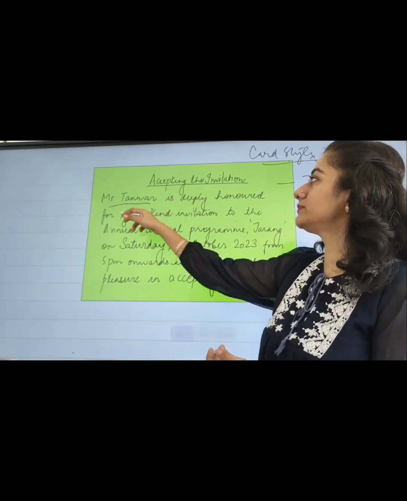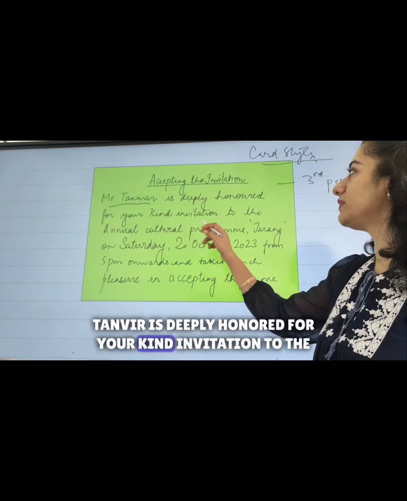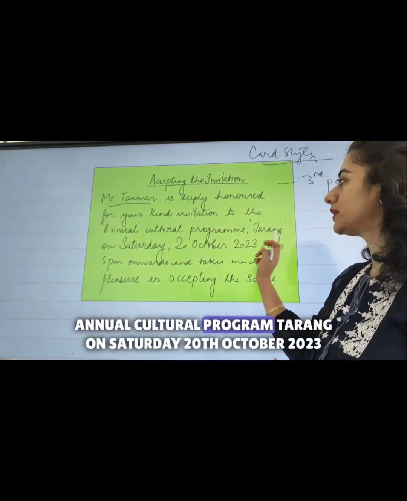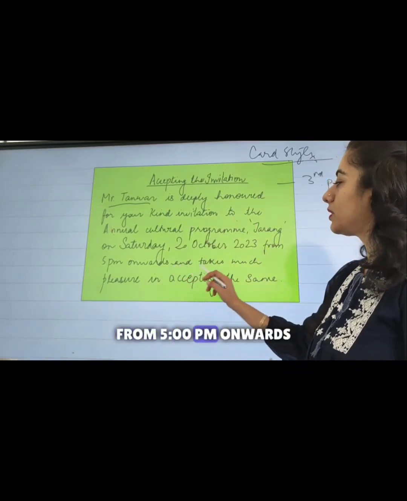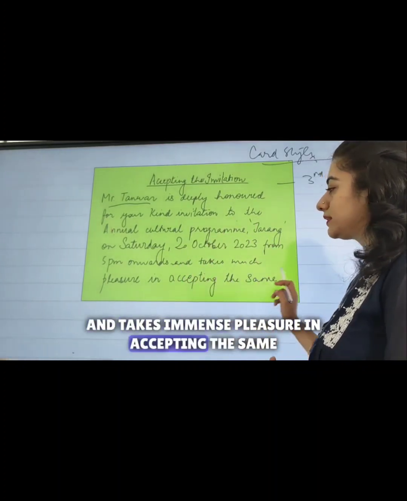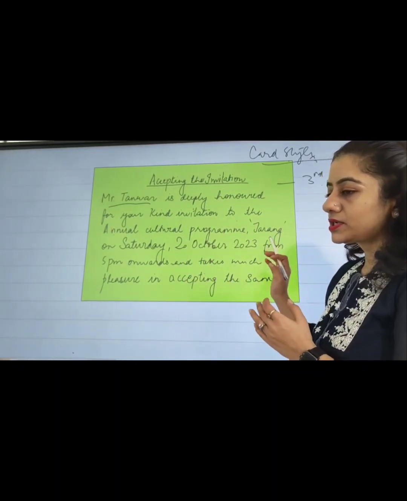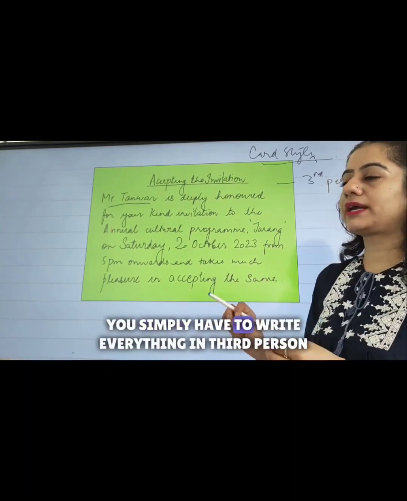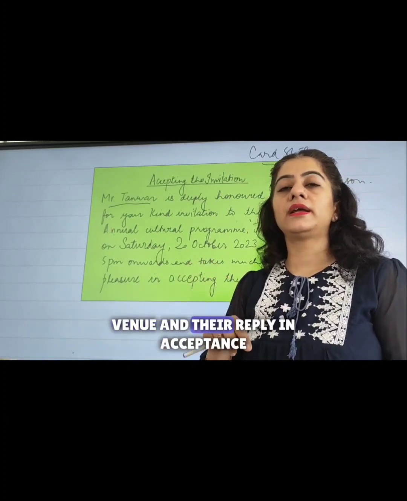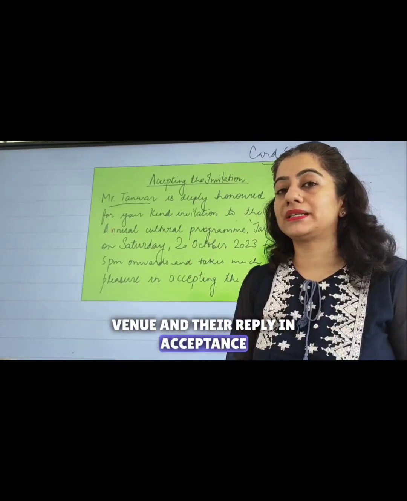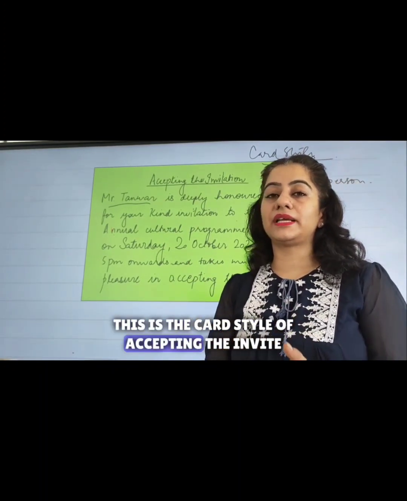Mr. Tanwar is deeply honored for your kind invitation to the annual cultural program Tarang on Saturday 20th October 2023 from 5 p.m. onwards and takes immense pleasure in accepting the same. Just learn it as it is. You simply have to write everything in third person, mentioning the occasion, date, time, venue, and their reply in acceptance. This is the card style of accepting the invite.